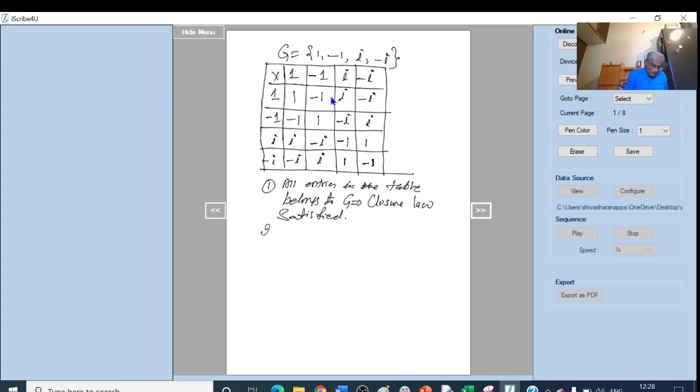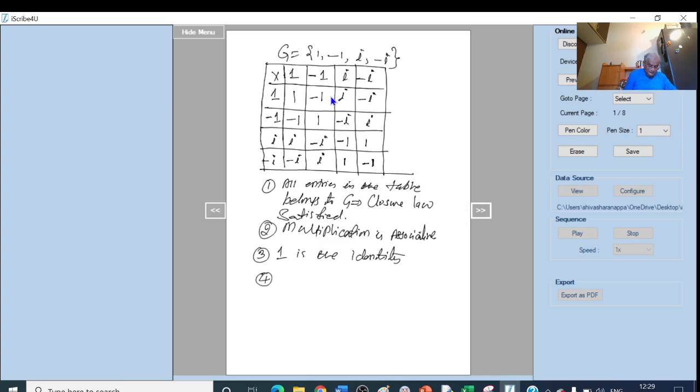Second one, multiplication is associative. Third one, 1 is the identity.